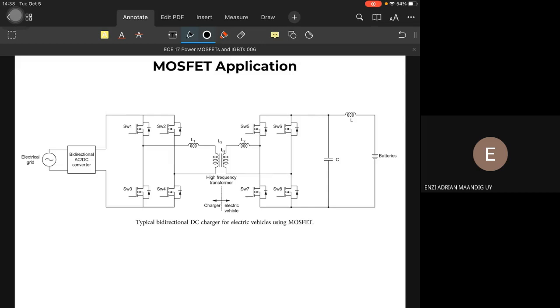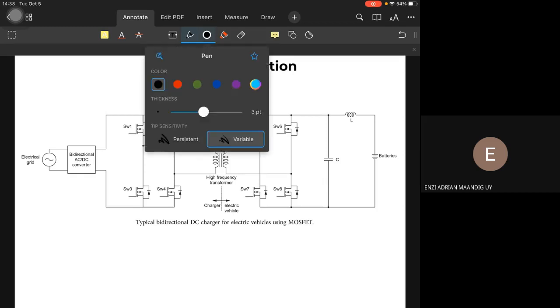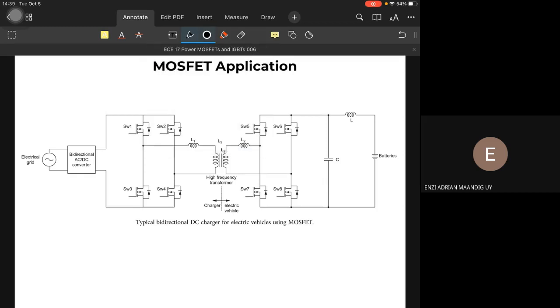Cycloconversion, AC to AC. Then AC to DC. So itong tawag sa AC to DC, rectifier, power supply. Rectifier, diba? Rectifier, diode.